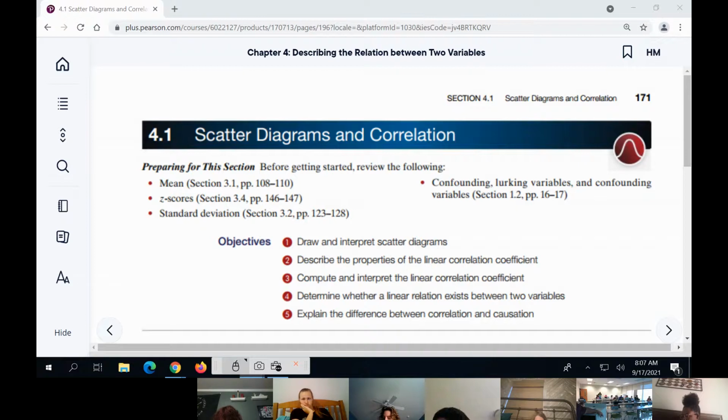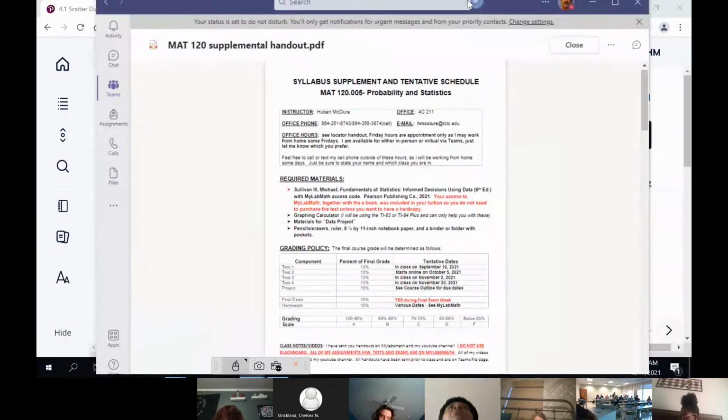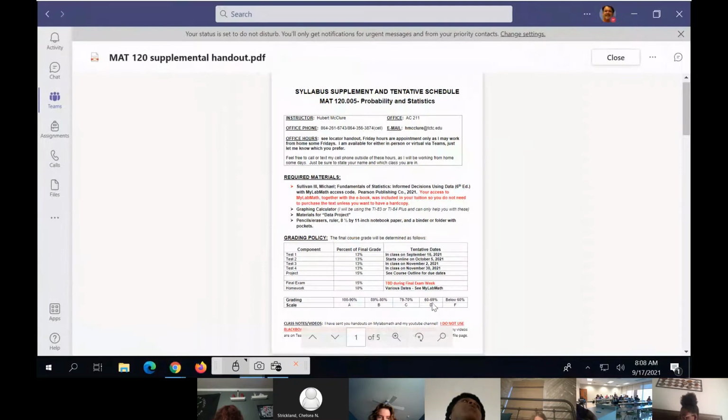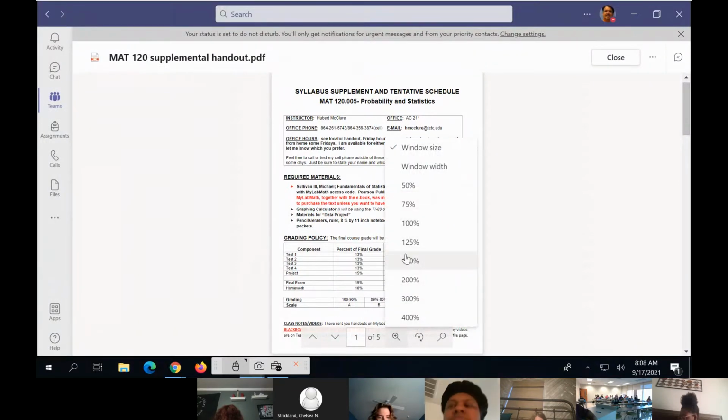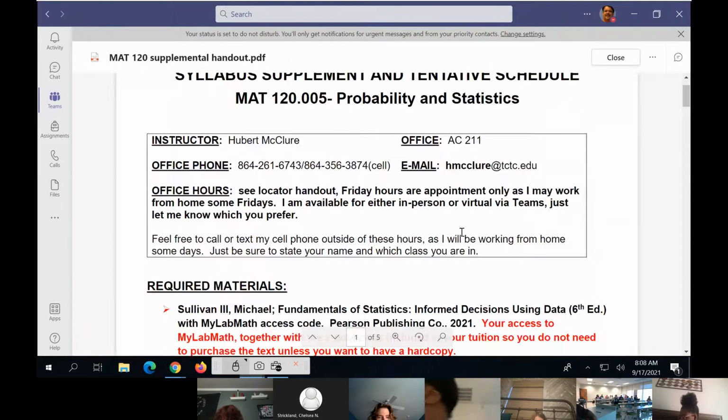And go to your outline, those 2 people that printed it out like I told you to. Of course, this is not my handout, so I do stress that often. I had to use it because they didn't have the 120 handout ready, syllabus ready. So she gave us this, and it's not mine.